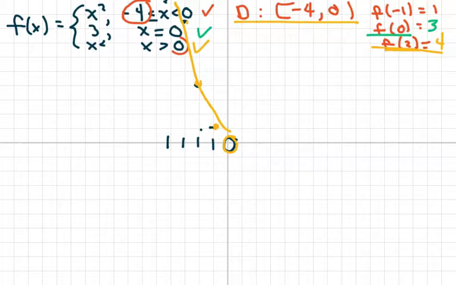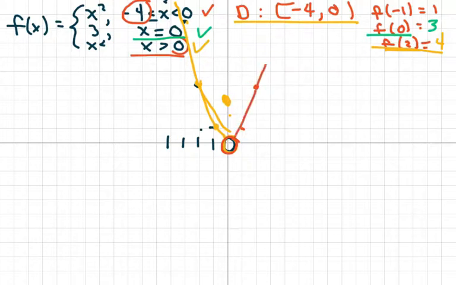Okay, now at 0, we go to 3. So this, let me get this a little better. So at 0, it goes to 3, 1, 2, 3. And then greater than 0, so I'm still going to use my 0 and do an open circle here. 1 goes to 1, 2 goes to 4, 3 goes to 9, and so forth.